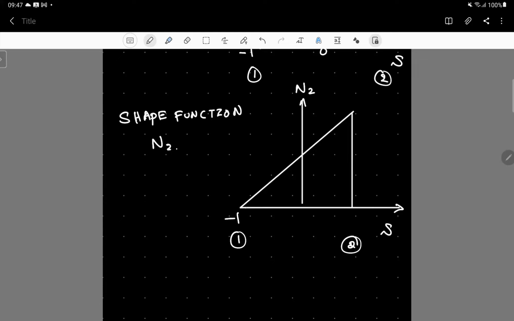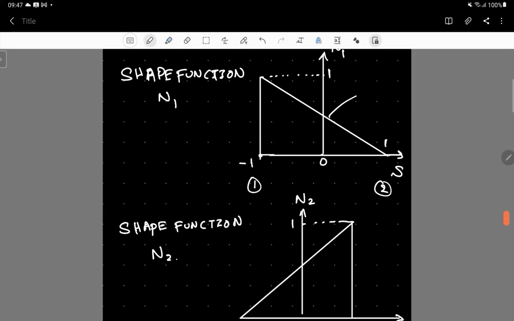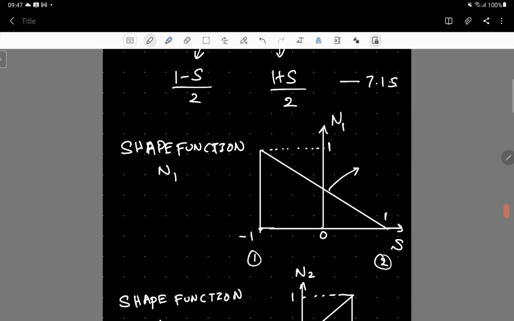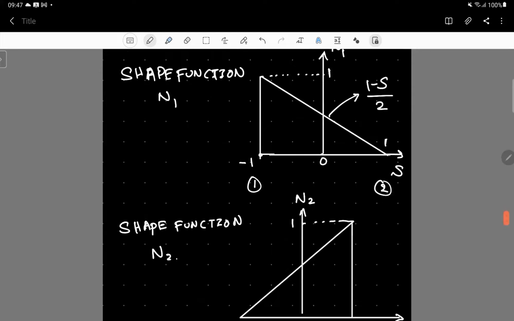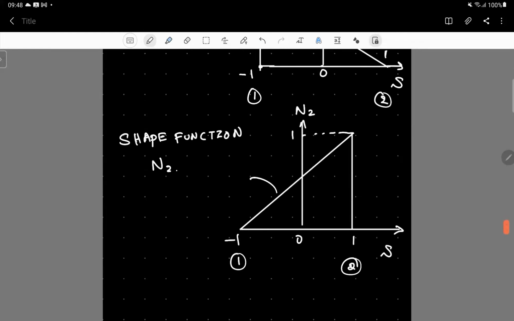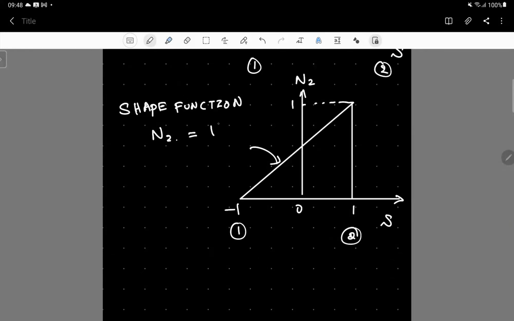At node number 2, where the s value corresponds to 1, the value of the shape function n2 should correspond to 1. And we know this function n1 is described by the term (1 minus s) divided by 2, and n2 is defined by n2 equal to (1 plus s) divided by 2.